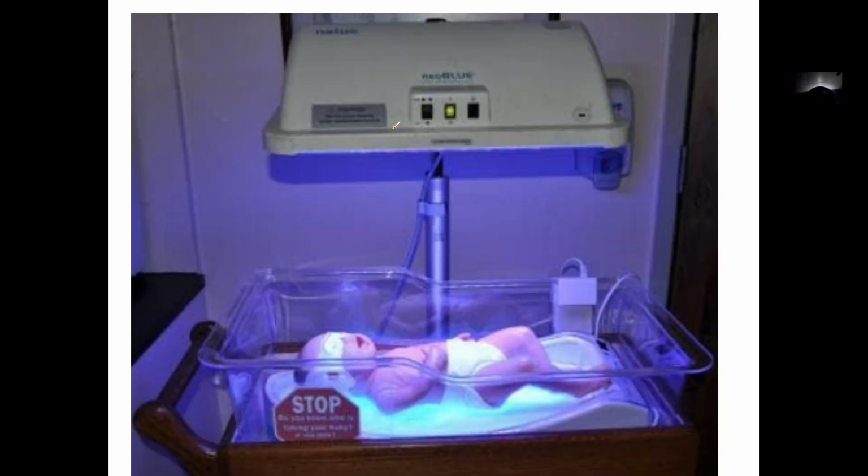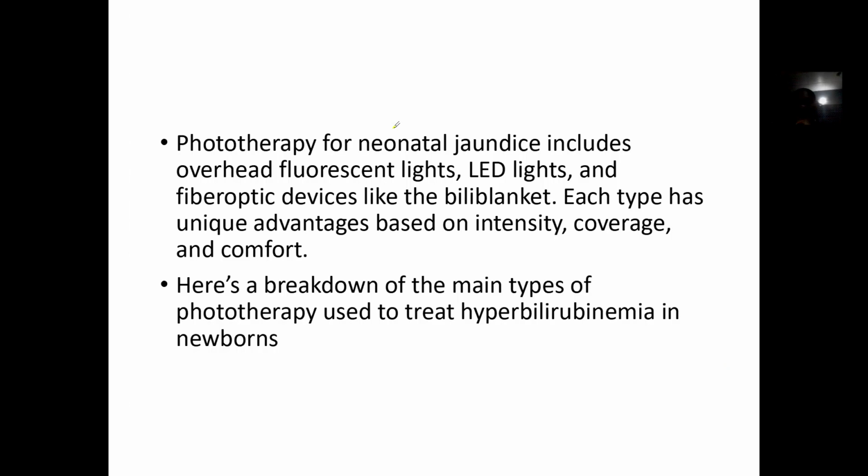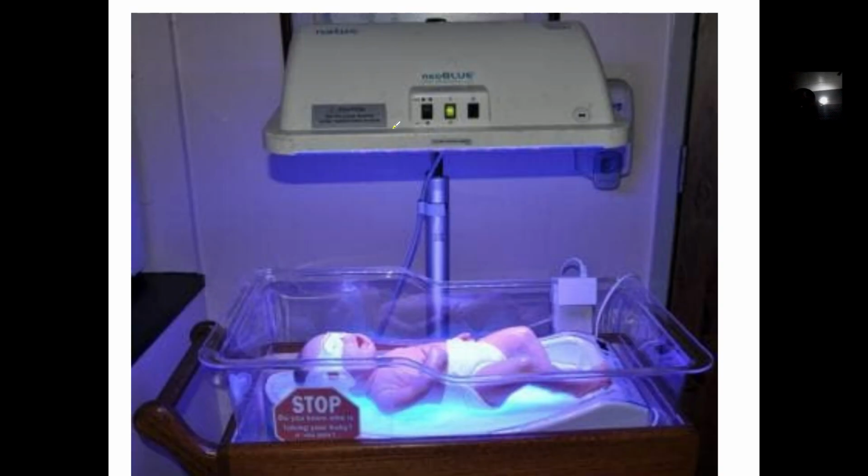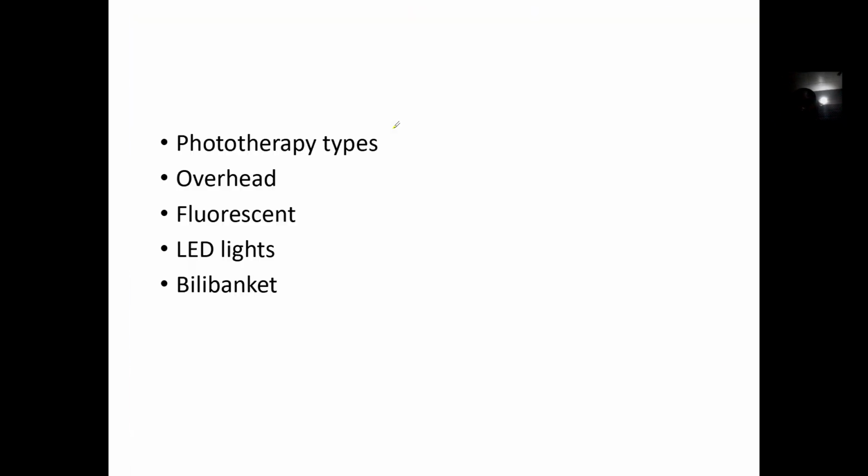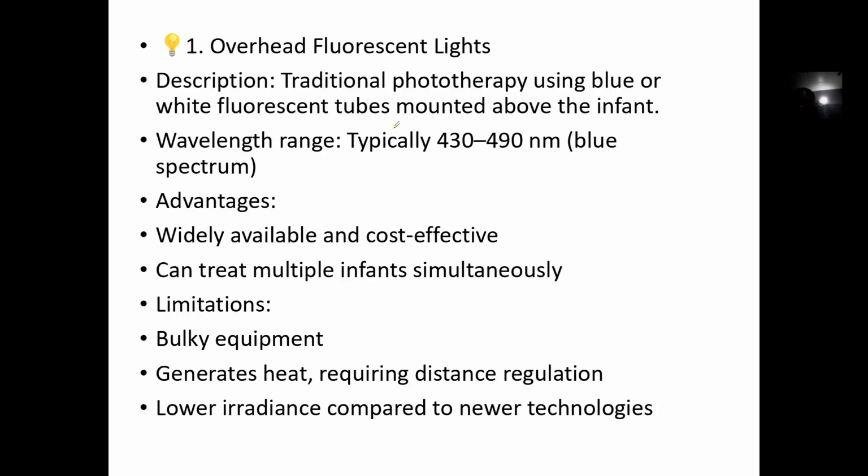We'll look at pictures and briefly talk about what they are. Phototherapy for neonatal jaundice includes overhead fluorescent lights, LED lights, then fiber optic devices like Biliblankets. Let's look at each one of them.